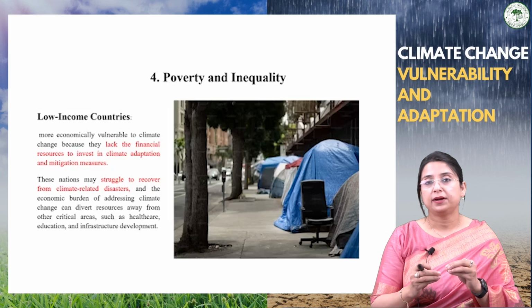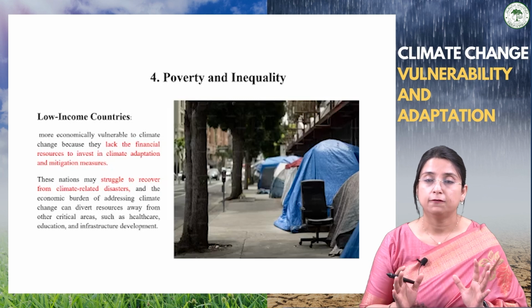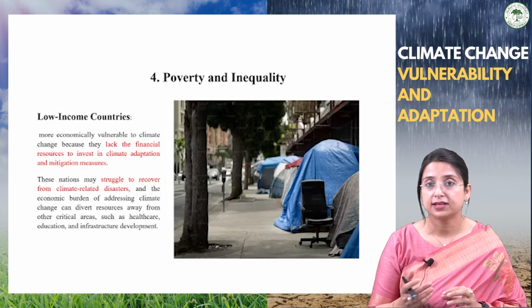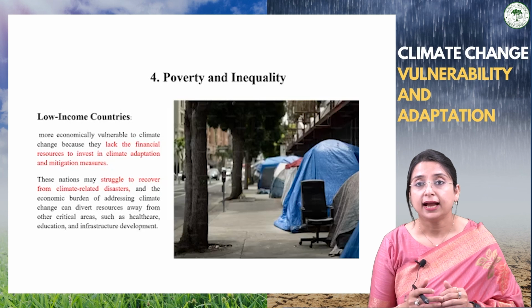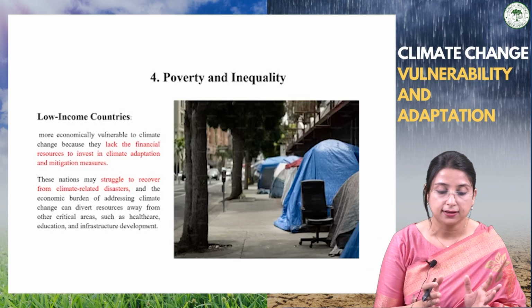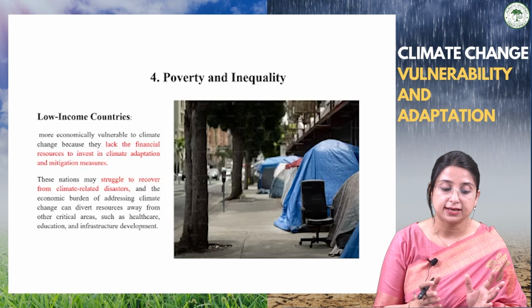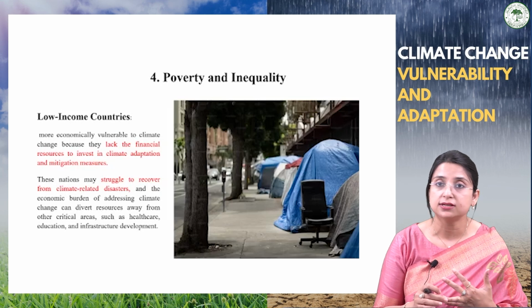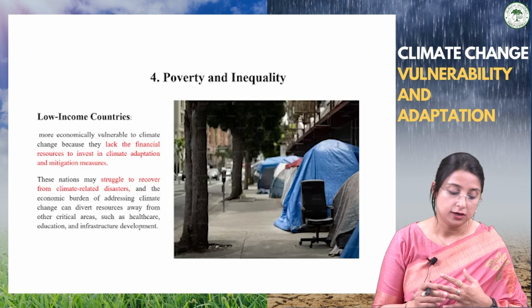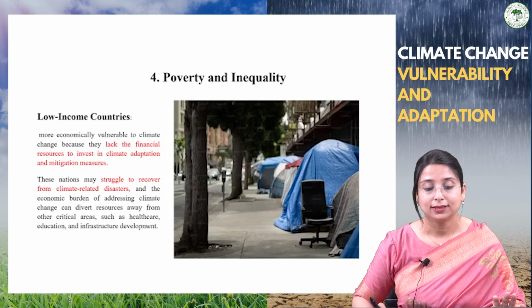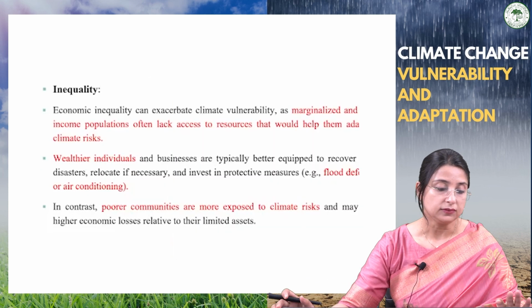If the country gives proper financial assistance to get themselves more prepared for the climatic shocks, then that financial assistance may be shortened from the other sectors. They may struggle to recover from climate related disasters, and economic burdens may lie on the other sectors, maybe in the healthcare sector, maybe in the education sector, etc. So it becomes very difficult for the low income countries to cope with the mitigation measures because they lack access to financial resources.